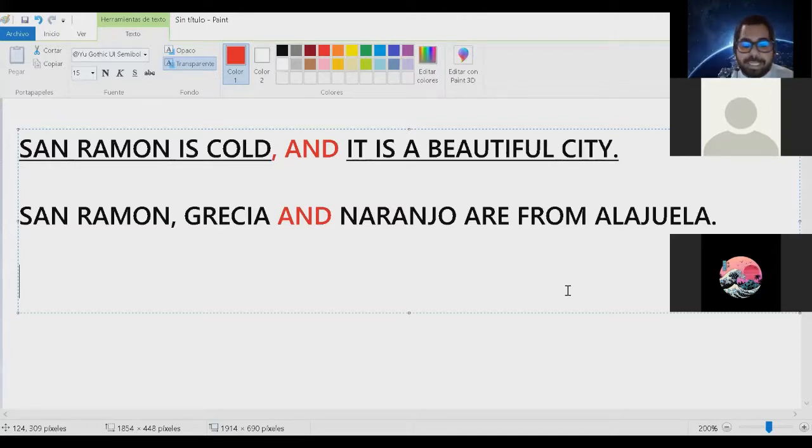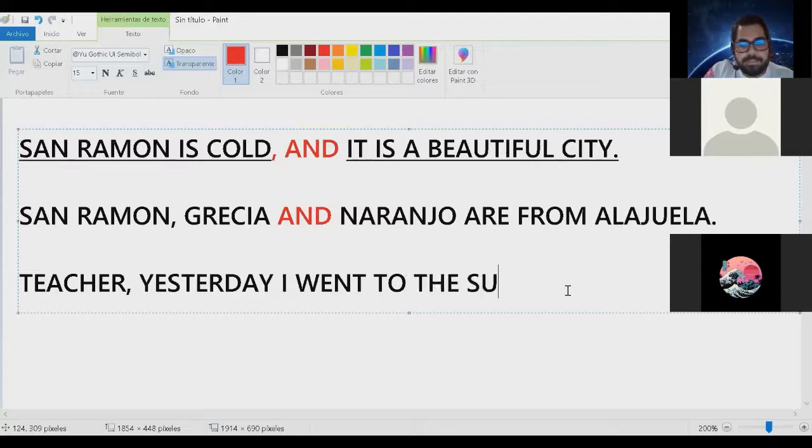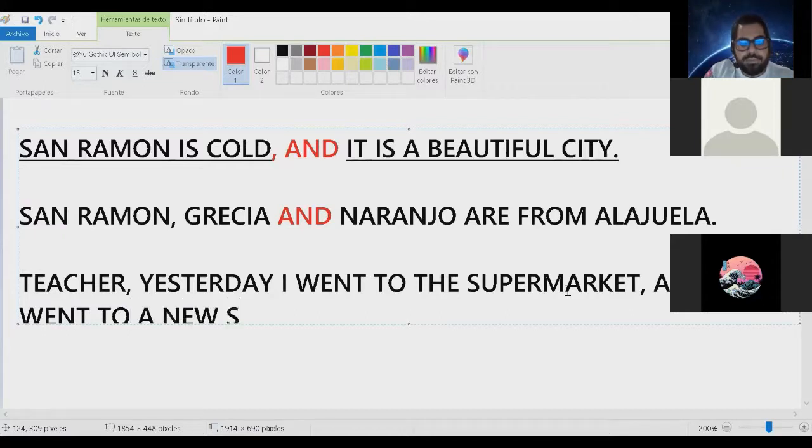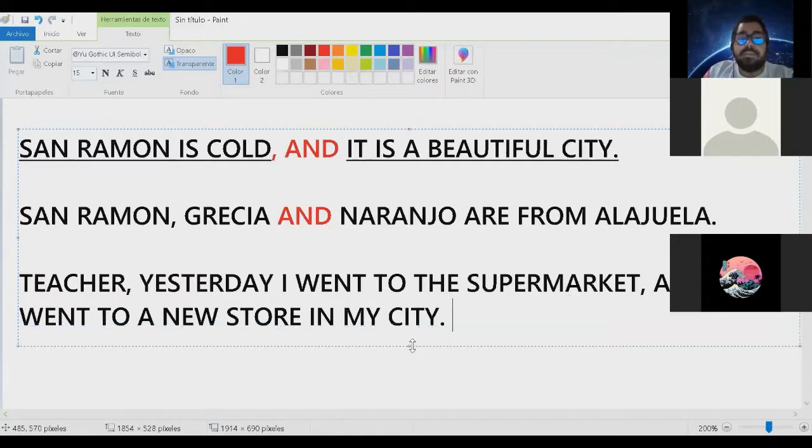But let's imagine that Yerlani is telling me, well, teacher, yesterday I went to the supermarket, comma, and I went to a new store in my city. Look at this, guys. In here, we're separating, well, guys, two ideas, as you can see here. That's why I'm using a comma. And in the other example was like this.